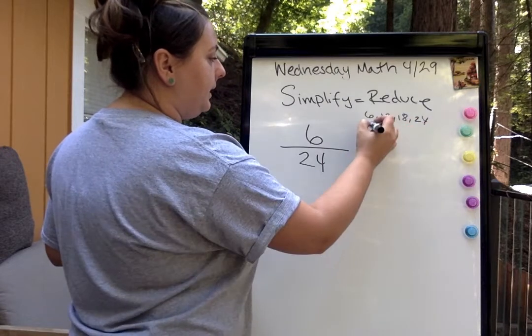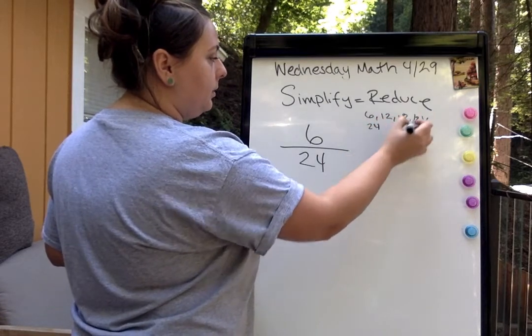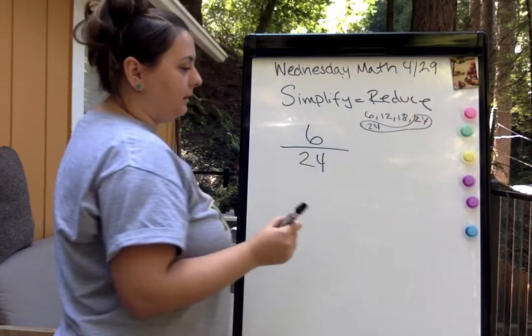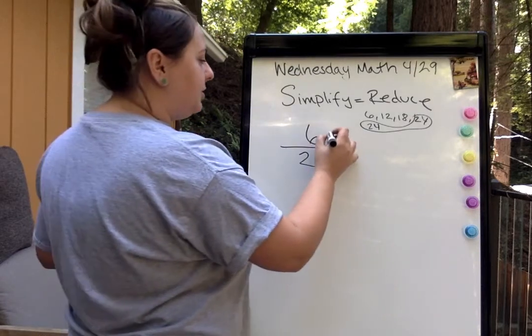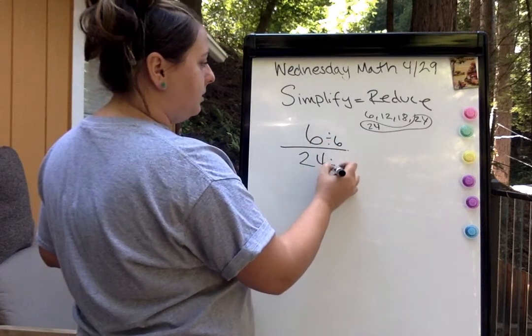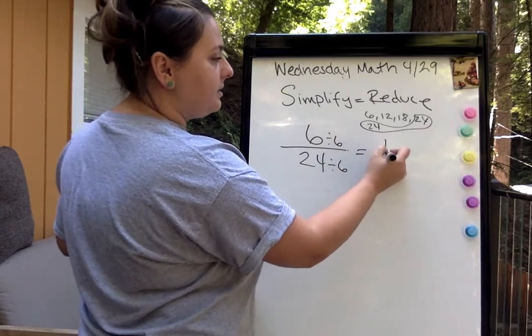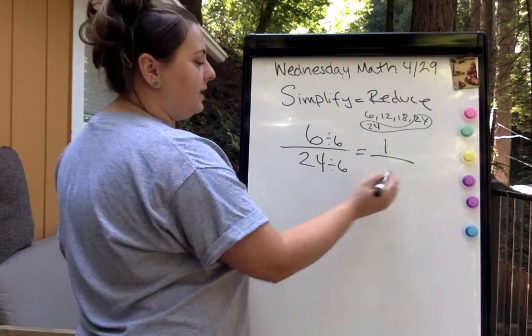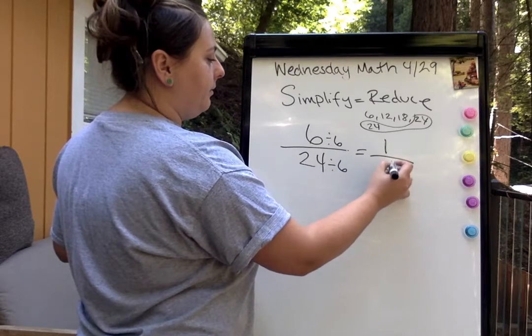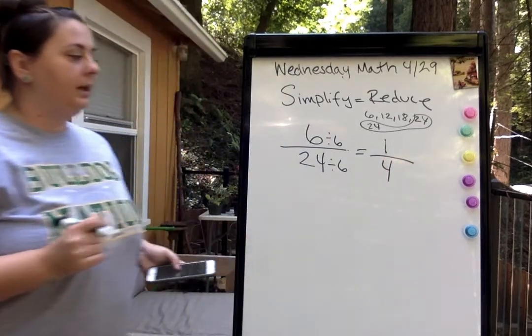Well, now I see that 24, that's common. So I know that I can divide each of these by 6. Okay? 6 divided by 6 is 1. 24 divided by 6 is 4. Total of 1/4.